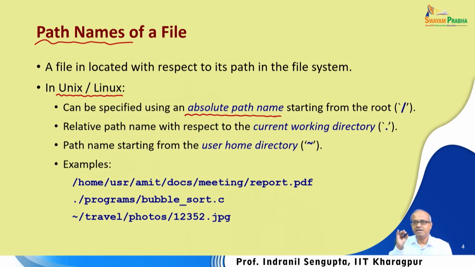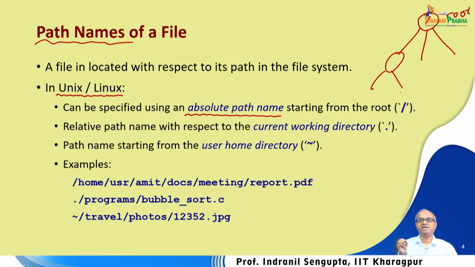Absolute means, see, any file system starts with a root, and root is typically denoted by slash, and under root you can create other folders and subfolders. Okay. So, when you say absolute path name, what I am trying to say is that I specify the path name starting from the root. So, an example is here, the first example here.